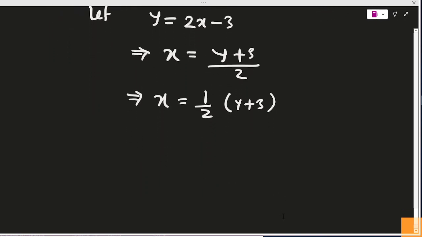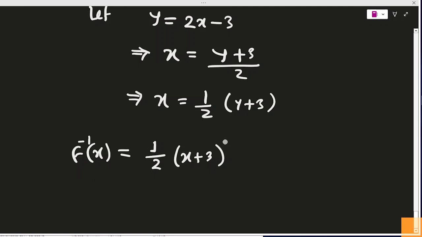So what is f inverse? From here we can make f inverse of x is equal half of x plus 3. Right, so यहाँ से हमें मिला, this is the inverse function.